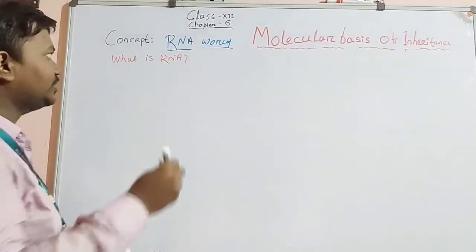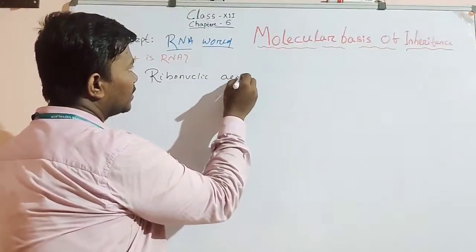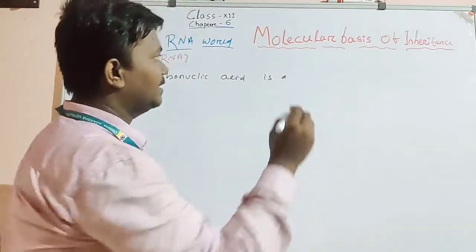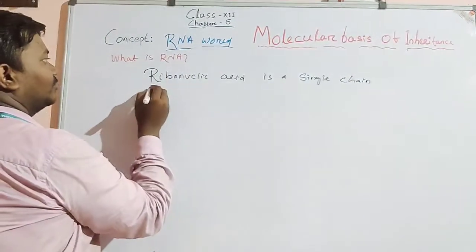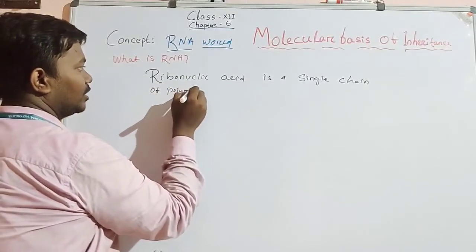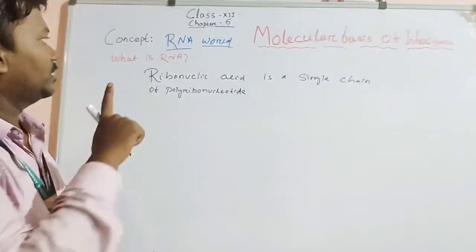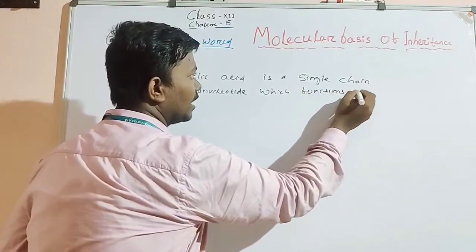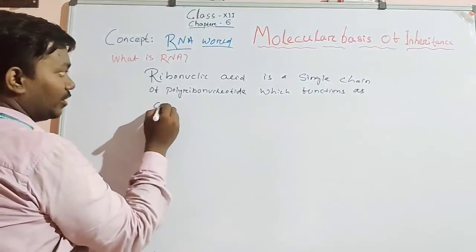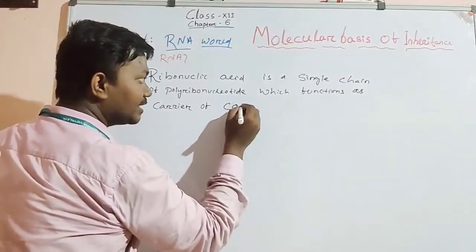Ribonucleic acid is, remember, a single chain of polyribonucleotide which functions as a carrier of coded genetic information.